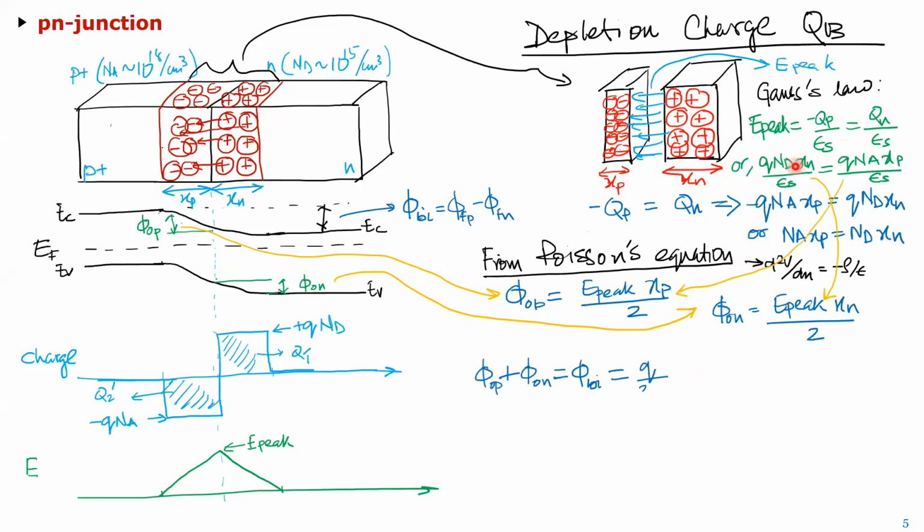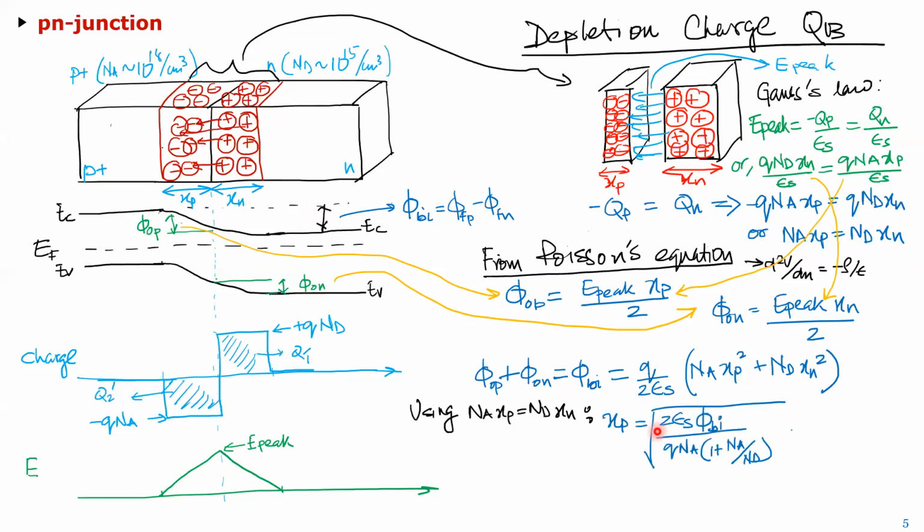So if I substitute these two equations into the Poisson equation, what you get is this total difference in the potential is equal to this quantity here. And if I take this particular expression, which says that the dopant times the length of XP is equal to this, that again comes from the charges being the same, because this whole thing should be charge neutral here.